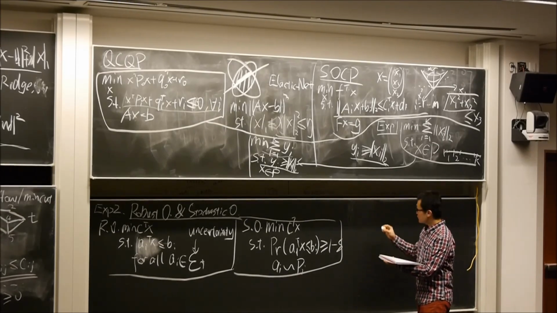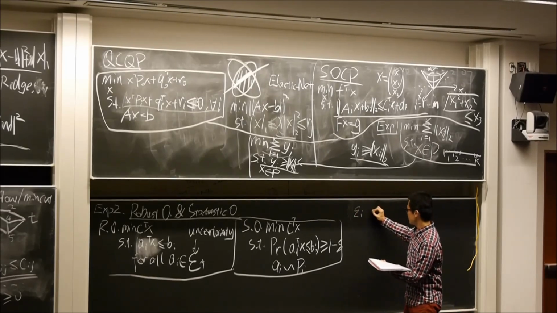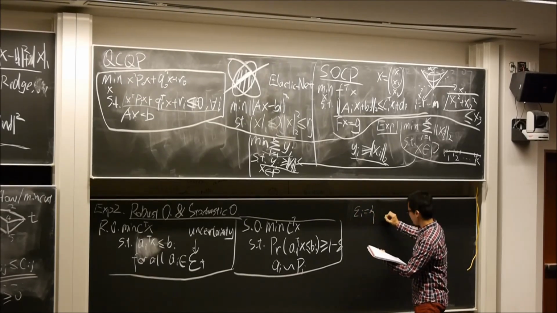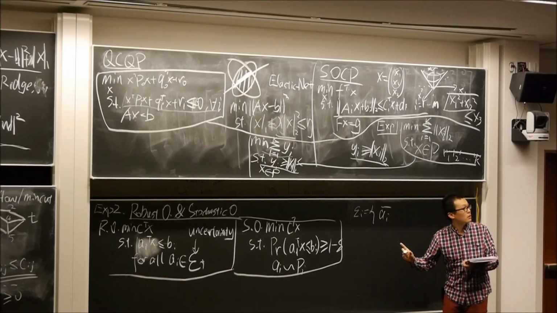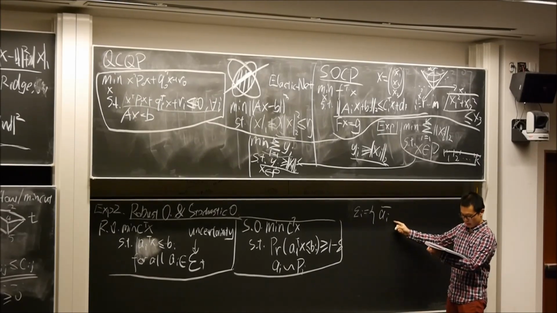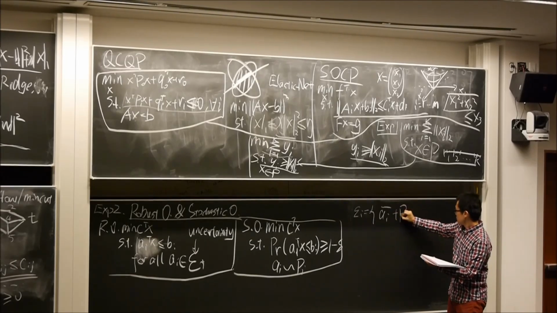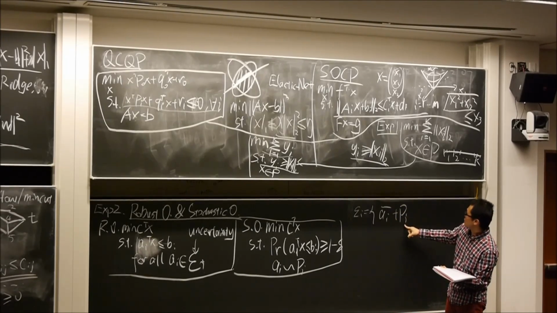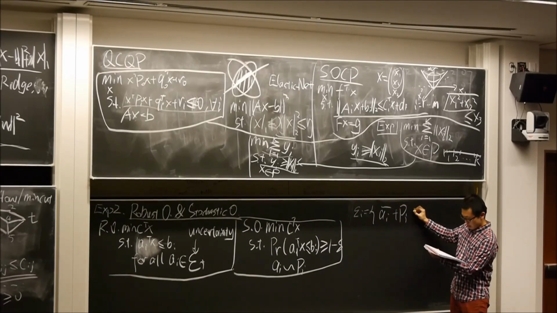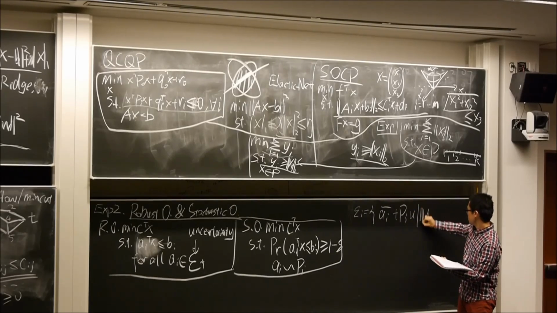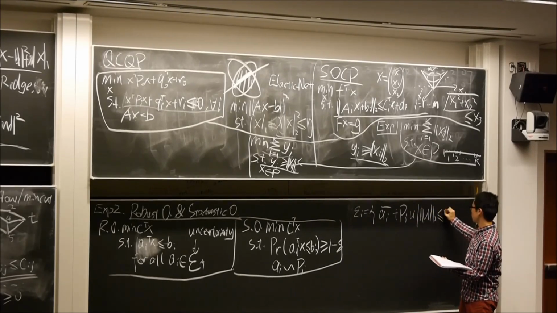So let's say this uncertainty set equals a_i. We consider this as something like a mean, and P_i, the same as P_i up there, times u, for any u that has norm smaller than 1.